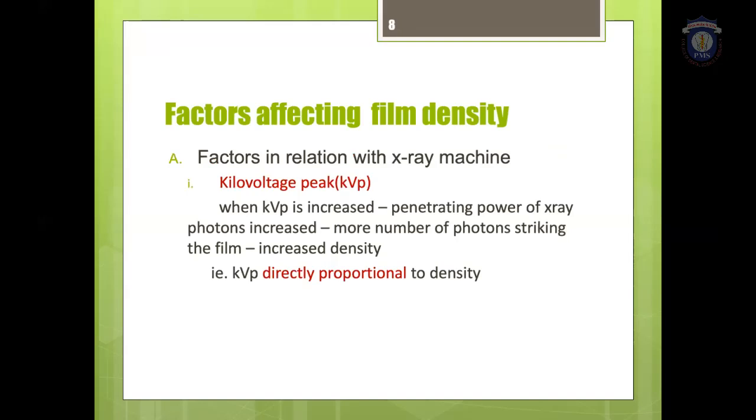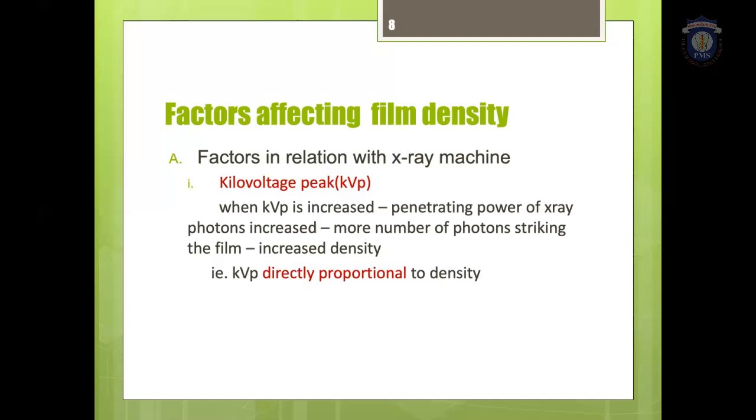Factors affecting film density. The first is the factors in relation with the X-ray machine. First one is kilovolt peak. When kVp is increased, the penetrating power of X-ray photons increases, a greater number of photons strike the film, and there will be increased density.